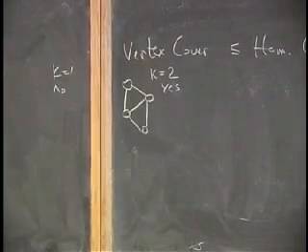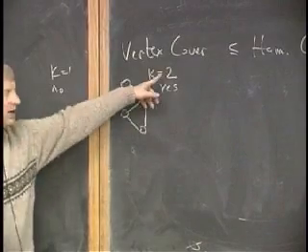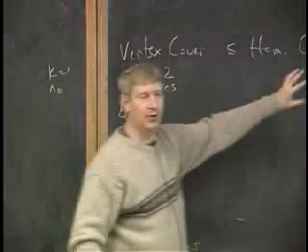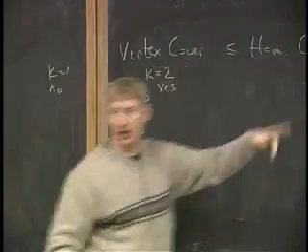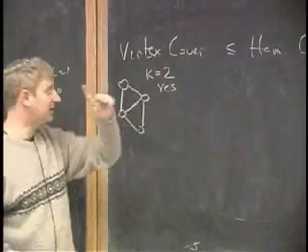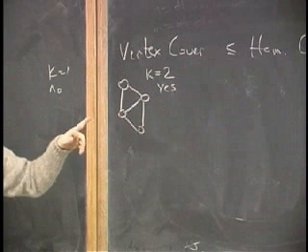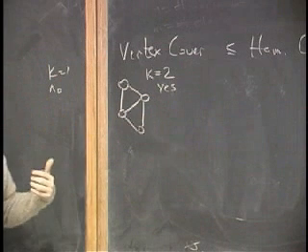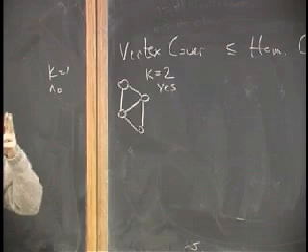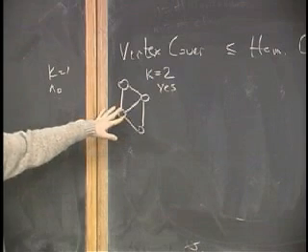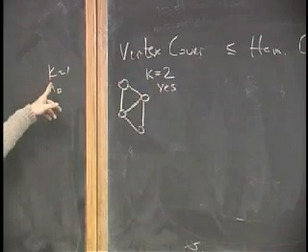I'm going to describe a reduction that takes this graph and a number and converts it to another graph. The new graph is going to have a Hamiltonian circuit exactly when the answer to this question is yes, and the new graph will not have a Hamiltonian circuit when the answer to this question of vertex cover is no. The two reductions that I'll do will be the same graph. One will use k equals 2 and one will use k equals 1.